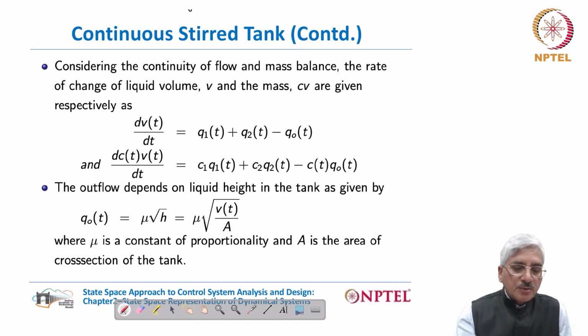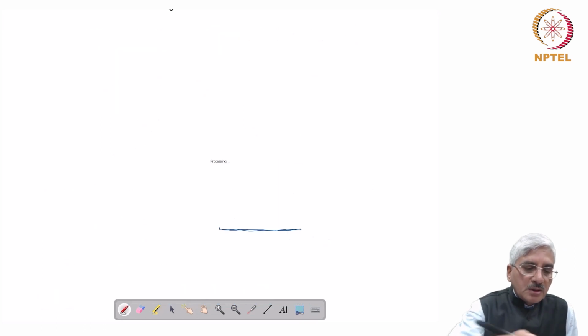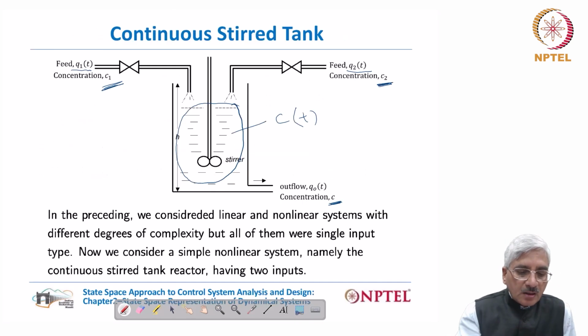So first we consider the continuity of flow, and also we consider the mass balance of the substance which is coming in the two liquids. First of all, the rate of change of liquid volume V, if we go back to the diagram, is the liquid volume accumulated in the tank, due to any imbalance between the incoming feeds Q1, Q2 and the outgoing flow Q0.